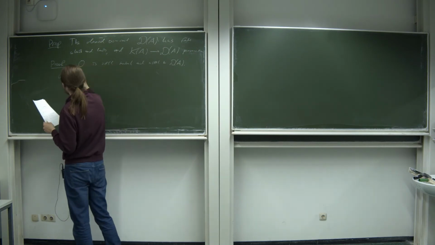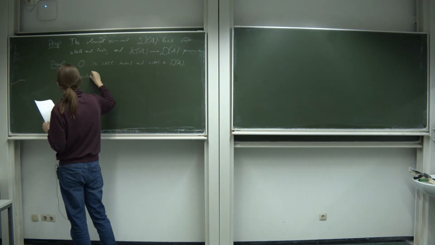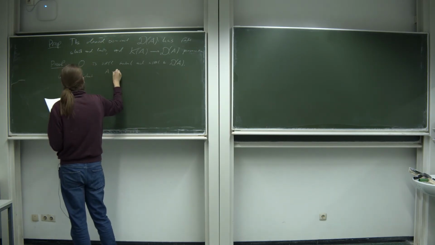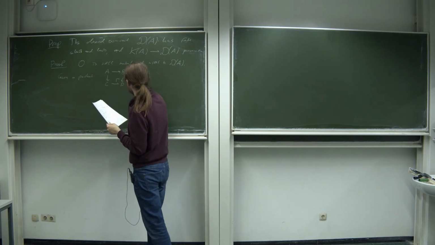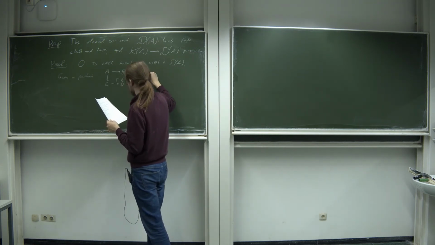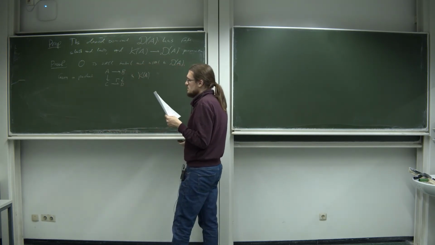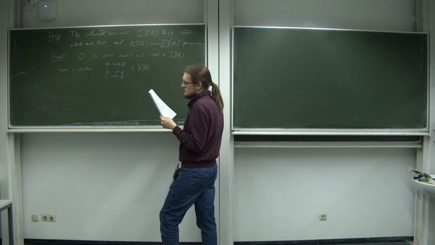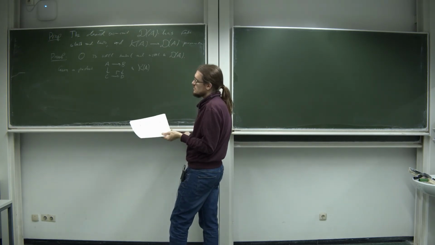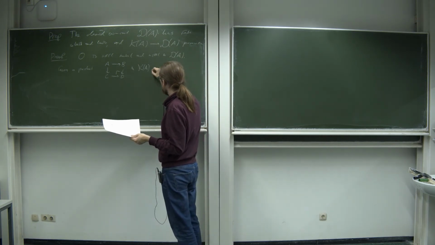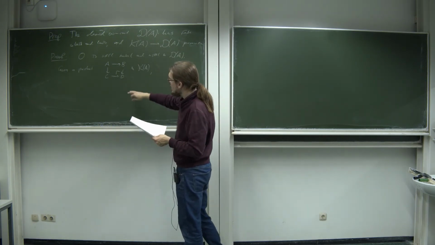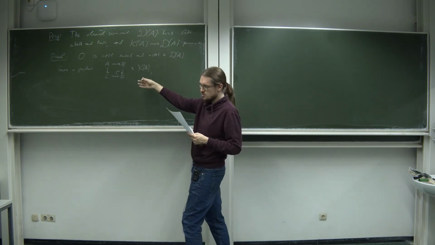Given a pushout diagram in K of A, we need to check that this is still a pushout in D of A. Let's write down what the universal property of that pushout amounts to.